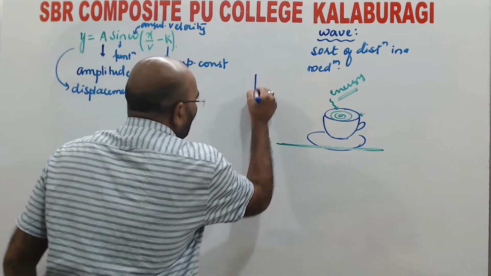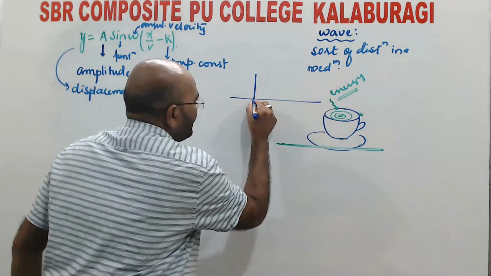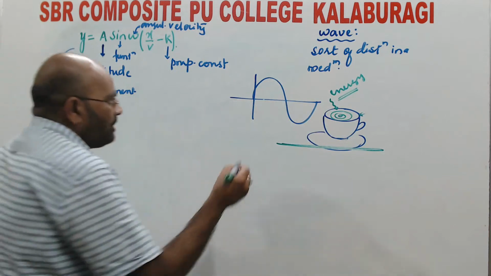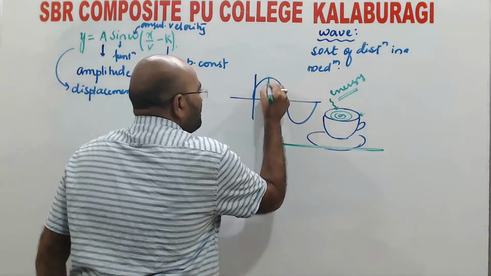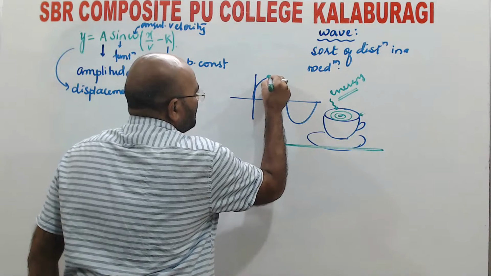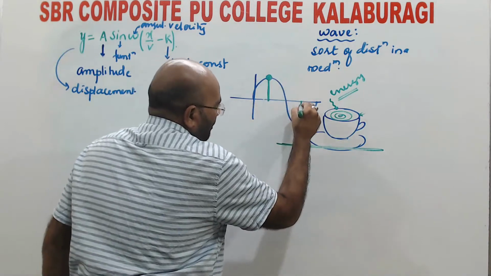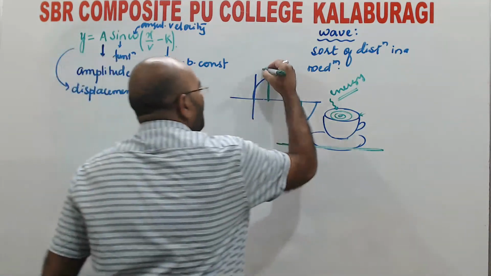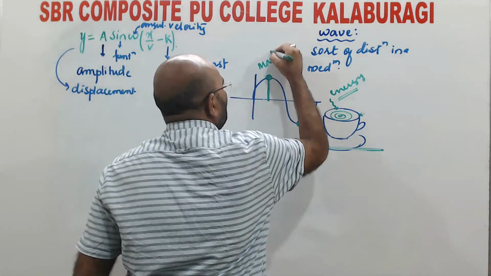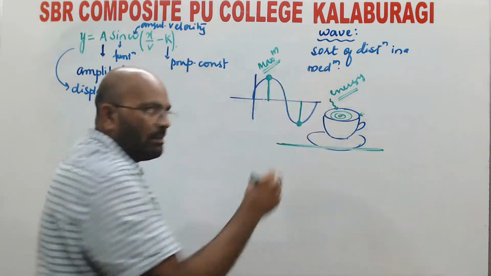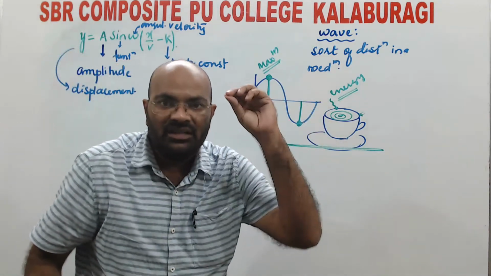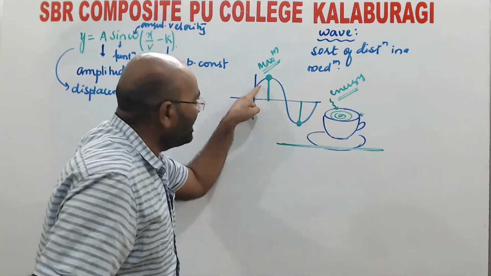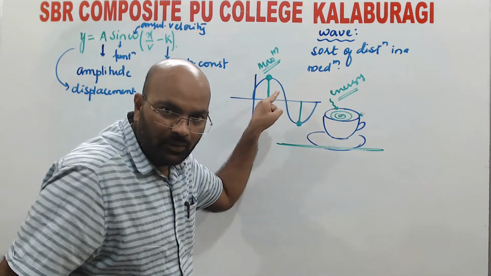See, this is what we call a typical wave diagram. So here there is a maximum displacement. We can observe the particle over here about the positive and negative y-axis. This is what we call maximum displacement of a particle. Remember, maximum displacement associated with the particle is called amplitude.